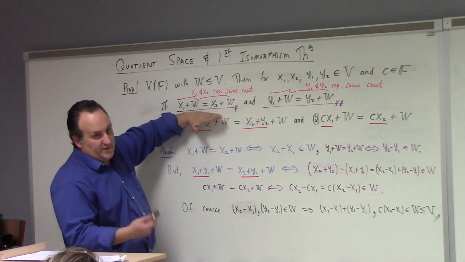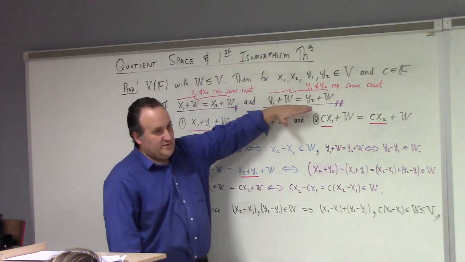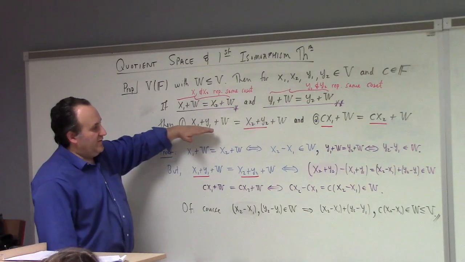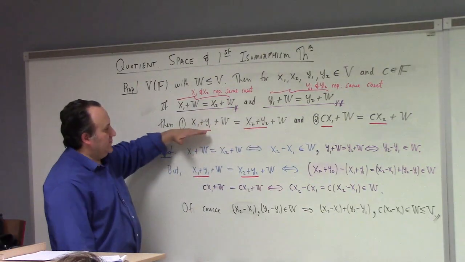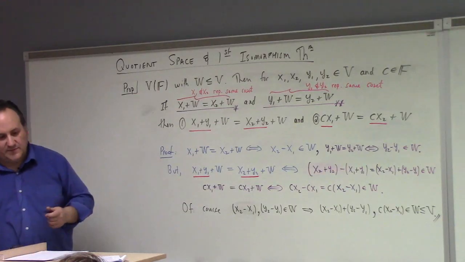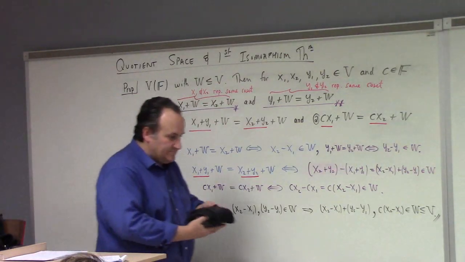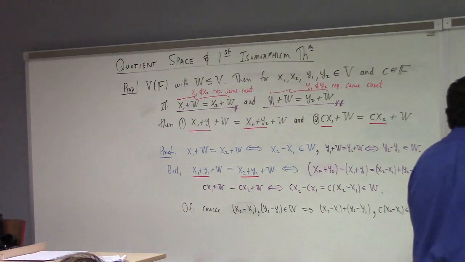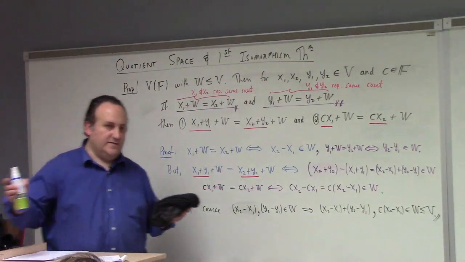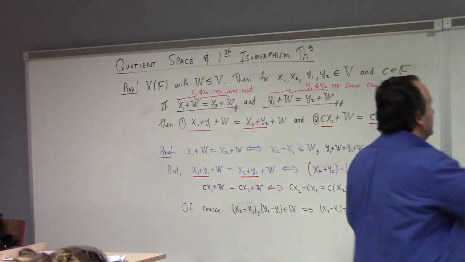If I use x1 or x2, if I use y1 or y2, whichever one I use, if I add the first ones, or if I add the second ones, I still end up with the same resulting coset. So we can add cosets by adding representatives is what this means. That brings us, in fact, to the concept of quotient vector space.